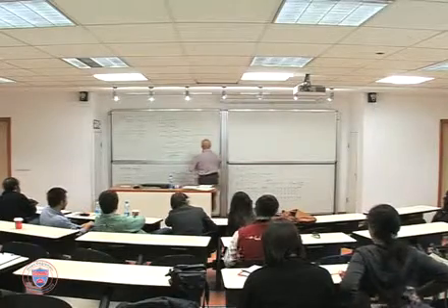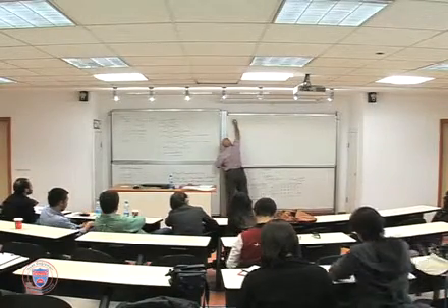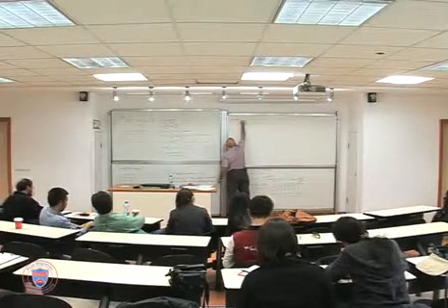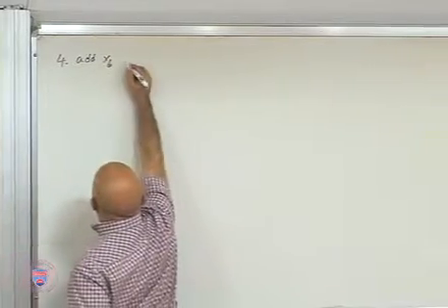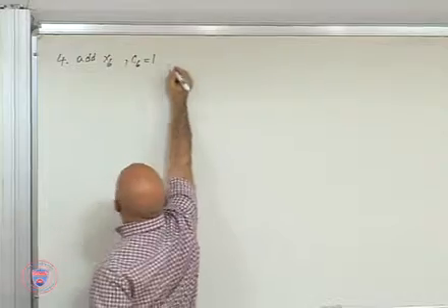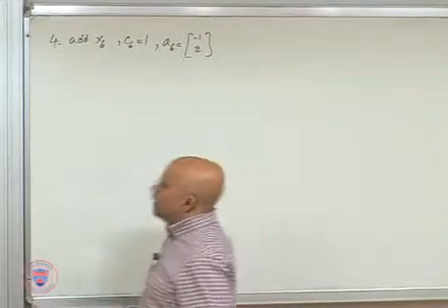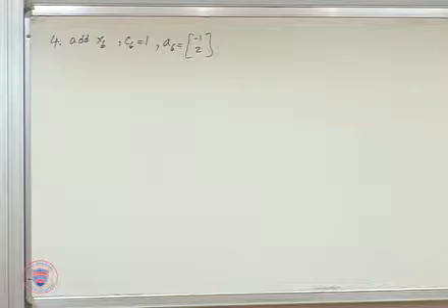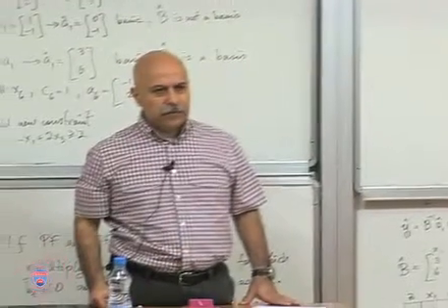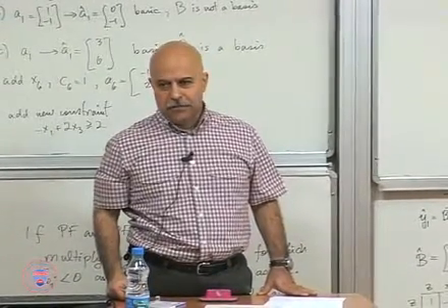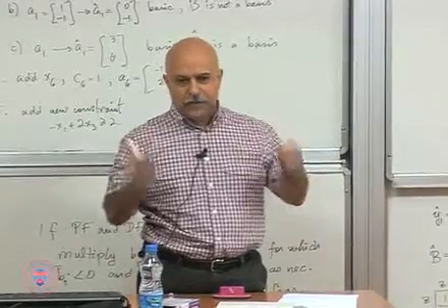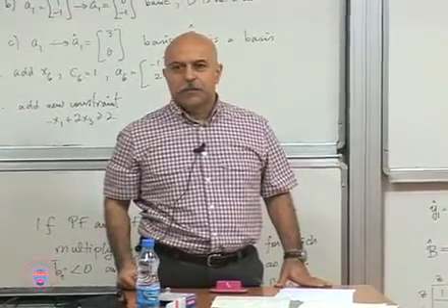The fourth change, add x6. When you add a new activity, the easiest viewpoint to handle this situation is to simply pretend that it had been in the problem all along from the very beginning, except that you always kept it as 0. x6 is always 0, so it's been kept as a non-basic variable.